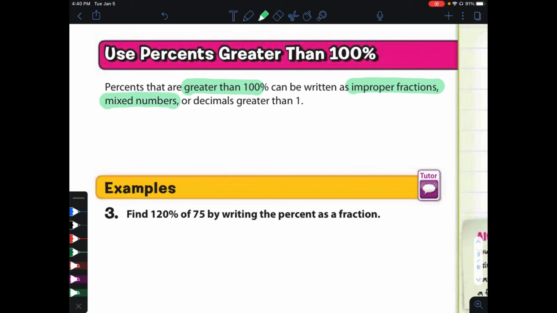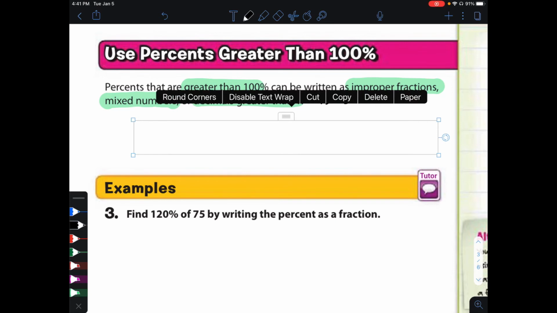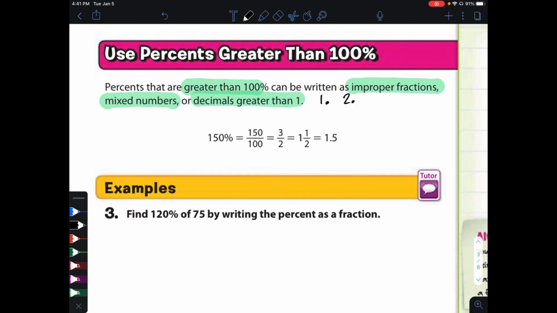A mixed number is the sum of a whole number and a fraction. And decimals greater than 1 means you have a whole number, then a decimal after that. Let's take a look at the example here. The example given here is 150%.